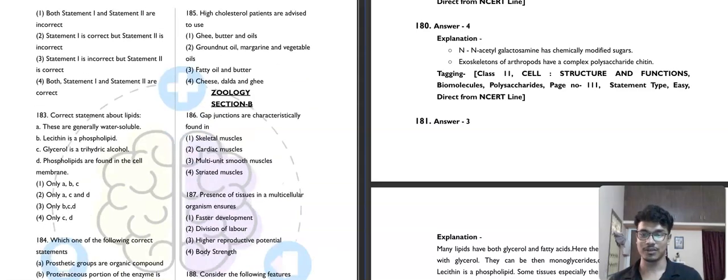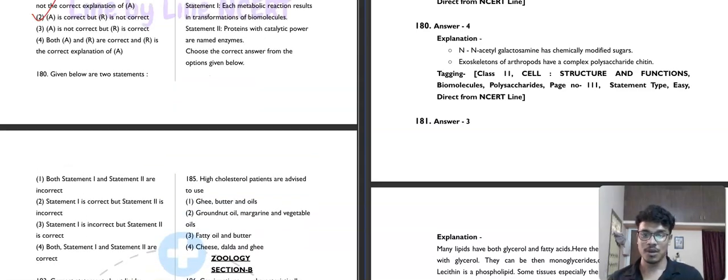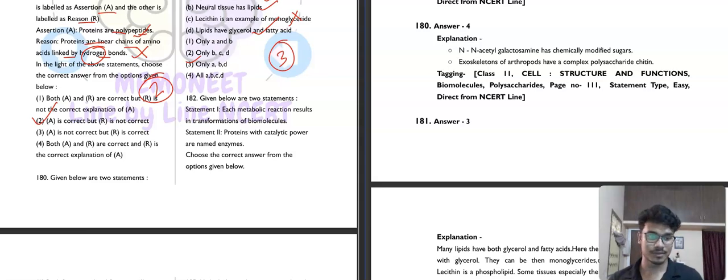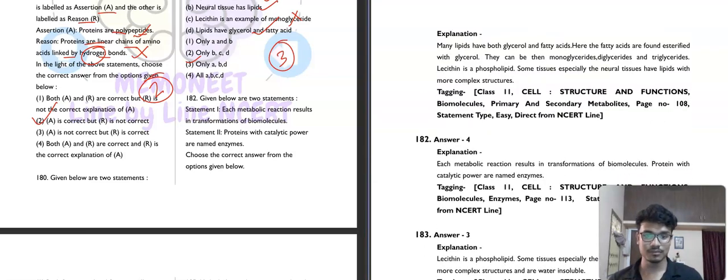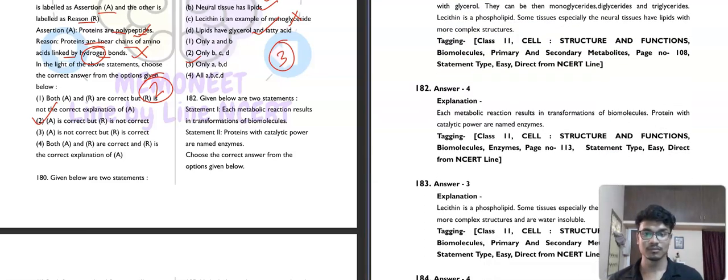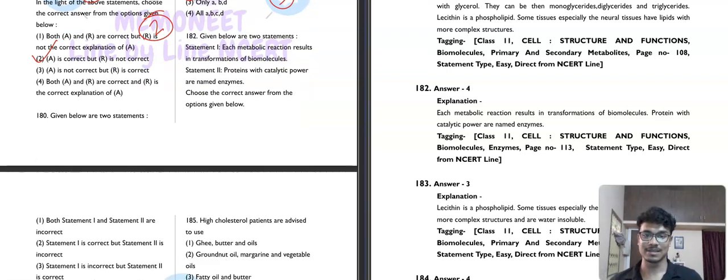Then question number 182. Given below are two statements. Statement first: each metabolic reaction results in transformation of biomolecules. Statement second: proteins with catalytic power are named as enzymes.